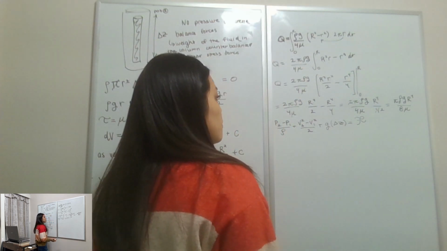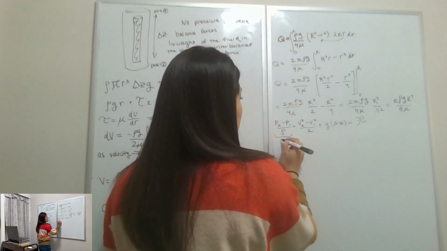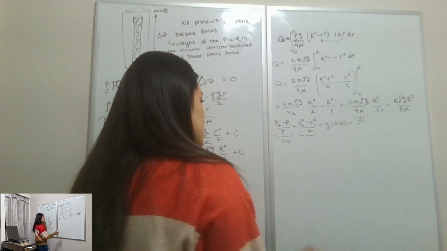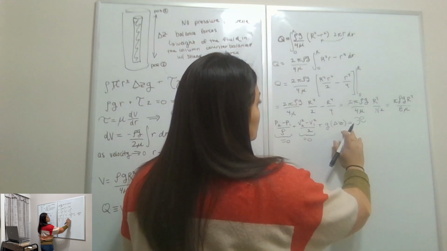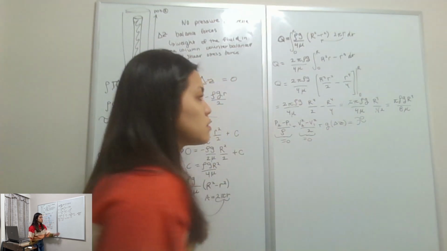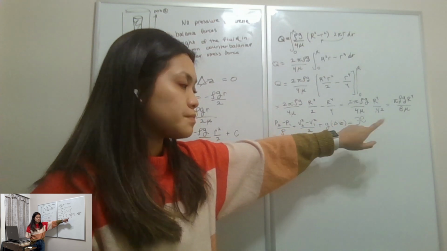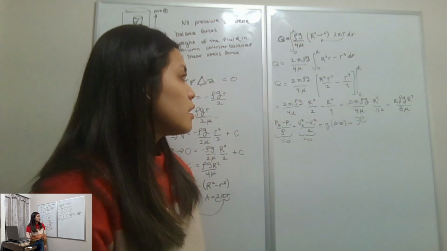And so if we know that there's no pressure difference, so this is equal to 0, and the area, so the volume is the same, so that's going to equal 0 as well. So we're left with the gravitational acceleration times the change in the height is equal to the frictional heating.